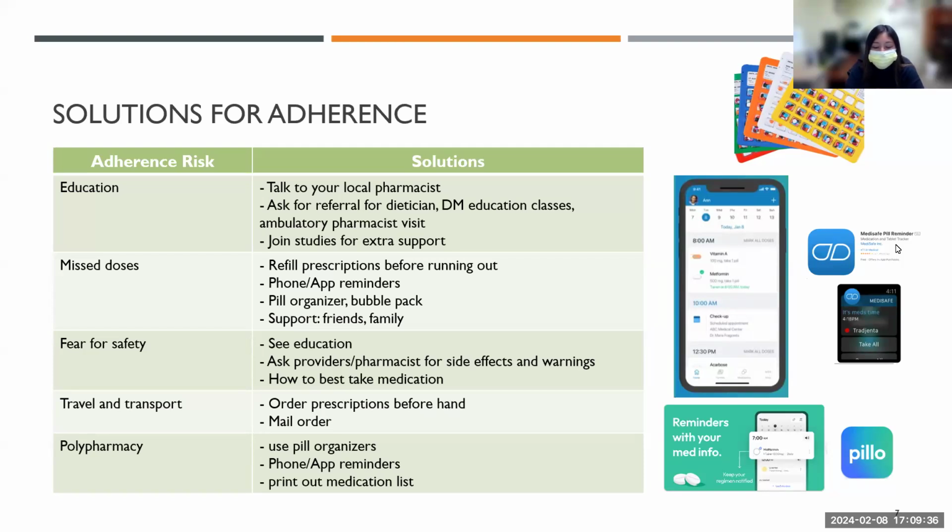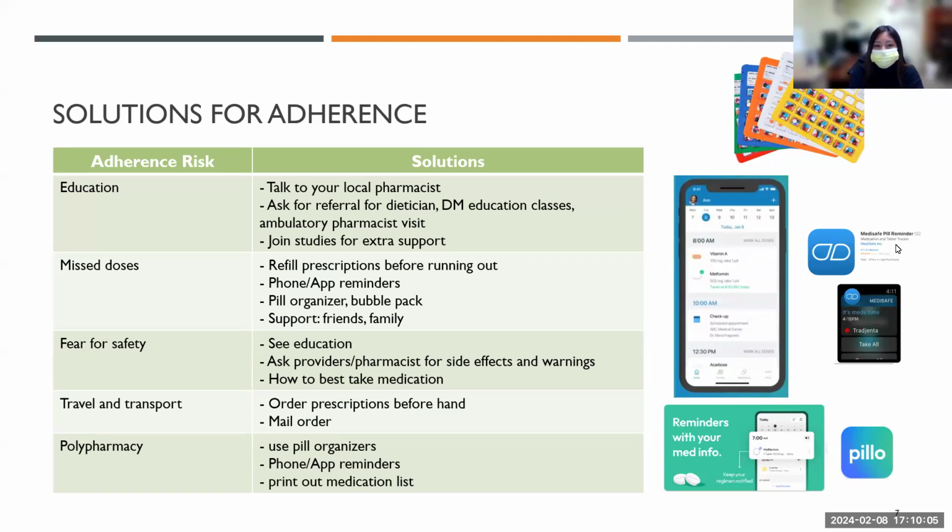The pharmacist has been known as the most accessible healthcare provider in your community, because you can go to your local pharmacist at your local pharmacy. And since we are the drug experts, we know the clinical trials, we know how the medication is best taken and the side effects. So we can really educate and inform you if you're uneasy about a medication or have more questions about its safety.